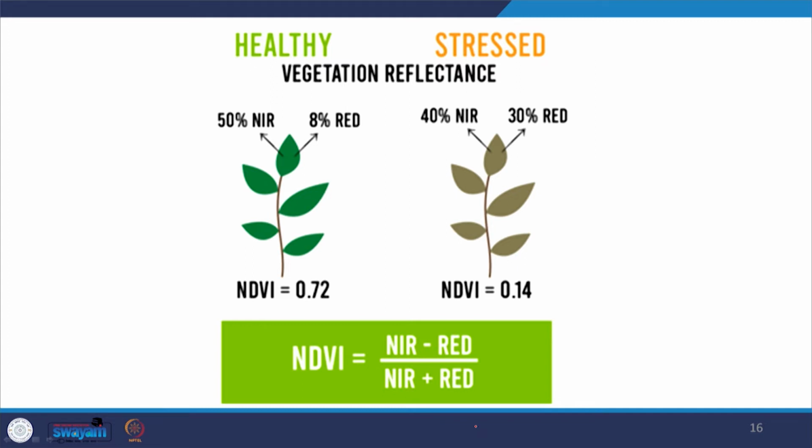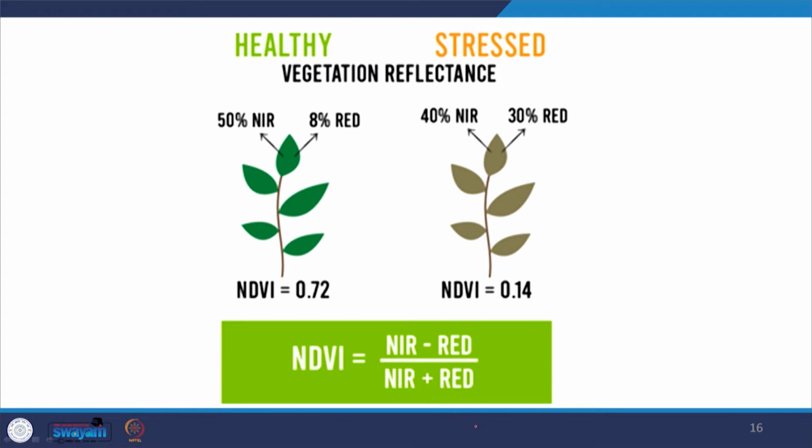Now you can also use these images for identifying the healthy vegetation and the distressed vegetation, which is the damaged vegetation due to some kind of insect or some other thing. When we identify the healthy vegetation and the stressed vegetation, we can link these to the productivity.